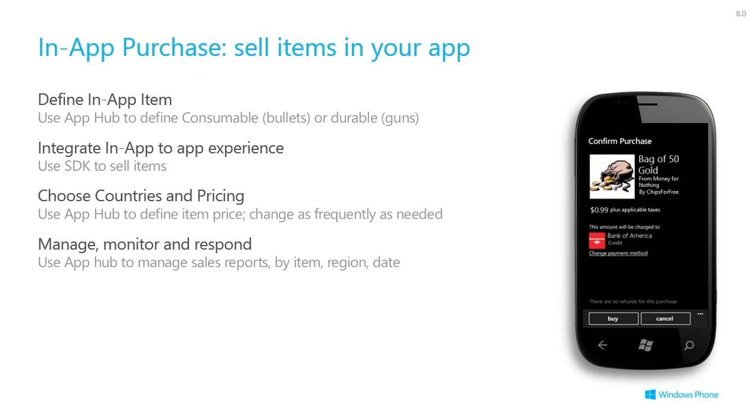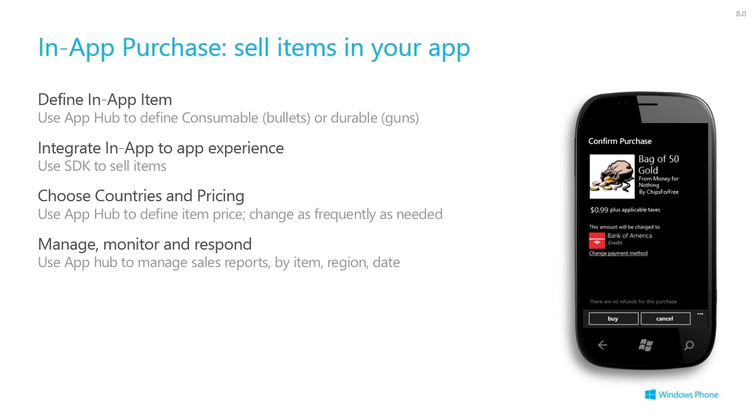So the process here to define an in-app item is you use App Hub, the dev.windowsphone.com, to define the in-app items. Then you use the SDK to integrate that into the experience that you're offering to your users, and by that I mean you're going to offer items in some way, whatever's appropriate for your application, that are in-app purchasable items, and you need to check for items that they may have purchased for durables to see whether they're allowed access to a particular feature in your application.